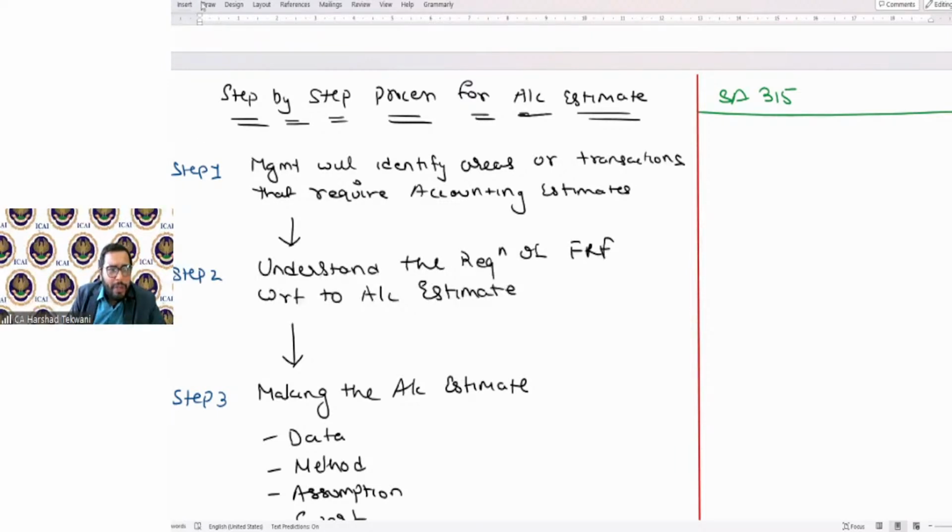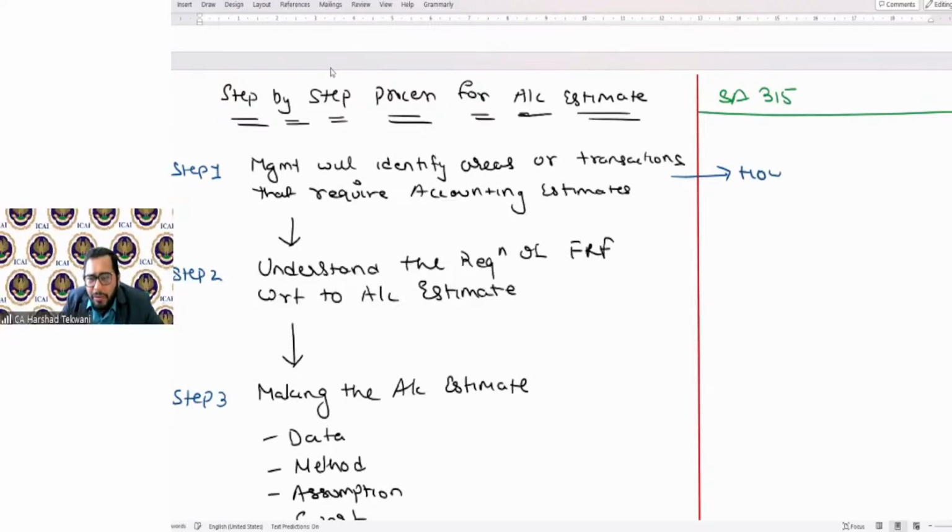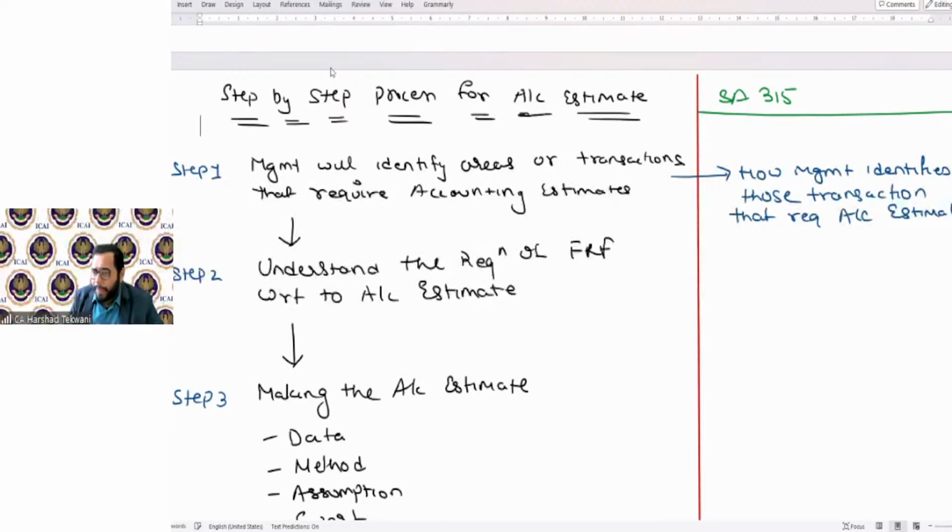And what I will do is I will first understand how management identifies those transactions that require accounting estimates.